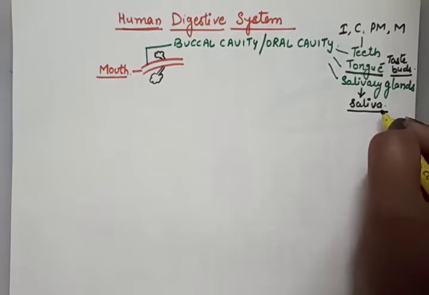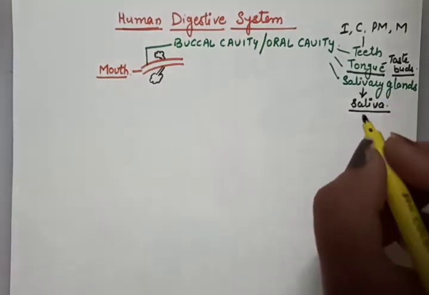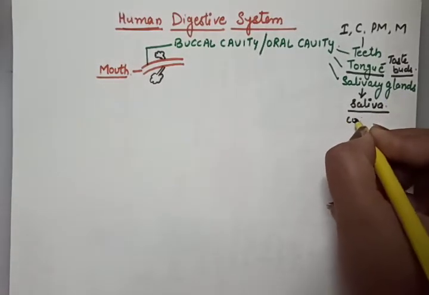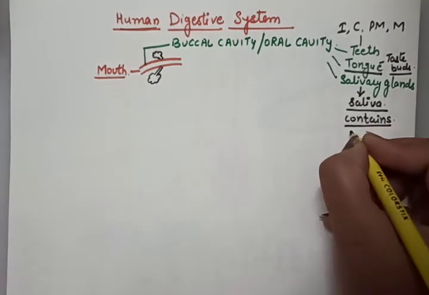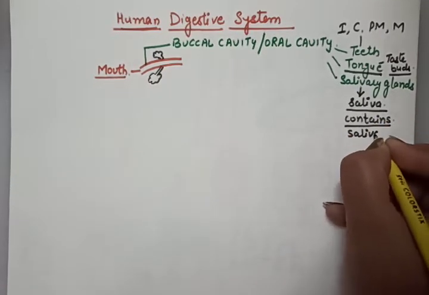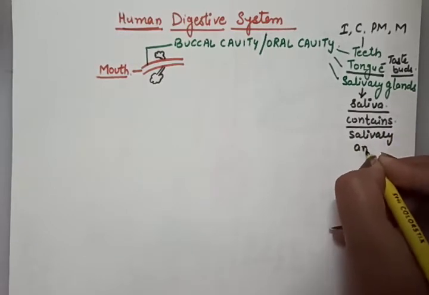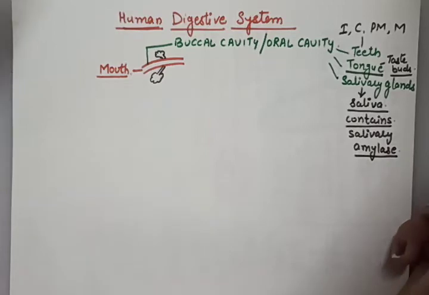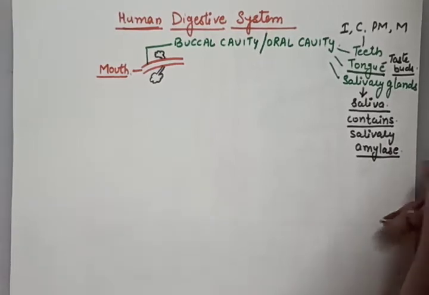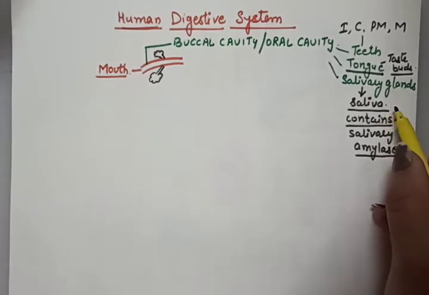Okay, and what is the function of this saliva? This saliva contains salivary enzyme, salivary amylase. Okay, what is the name of the enzyme? Salivary amylase. This is present in saliva.